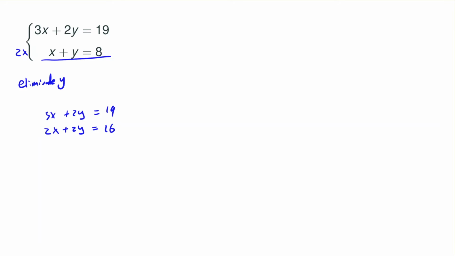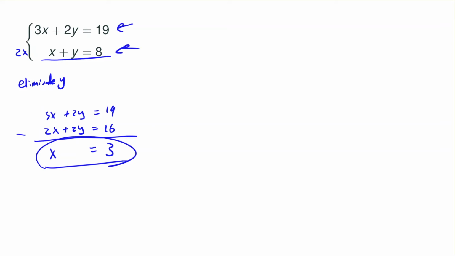And what I can do here is we can add or subtract. In this case, we can subtract. Then 3x minus 2x gives us x. 2y minus 2y gives us 0, equals 19 minus 16 is 3. So we just solve for x because we were able to eliminate y. Okay. So we found what x is. Then we can plug in either of these equations to solve for y.